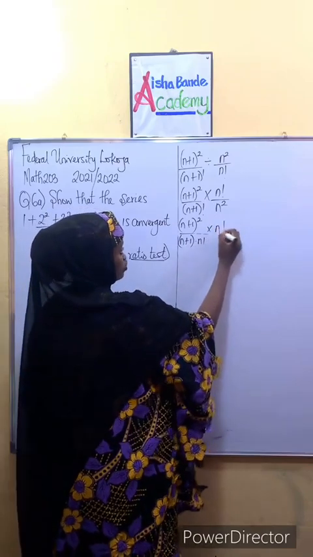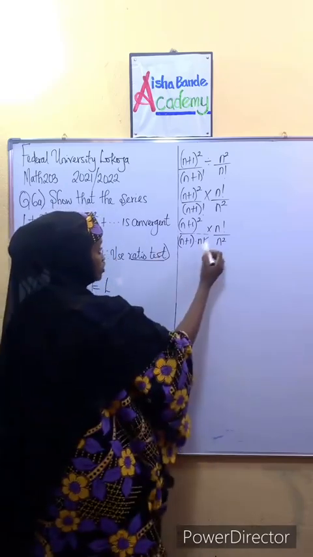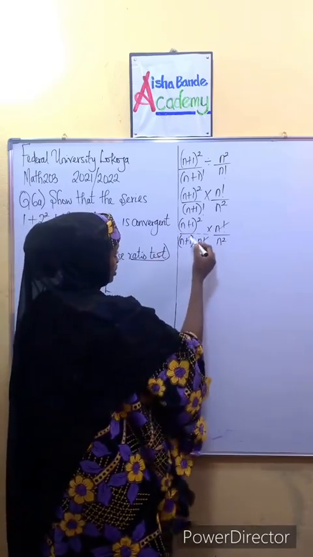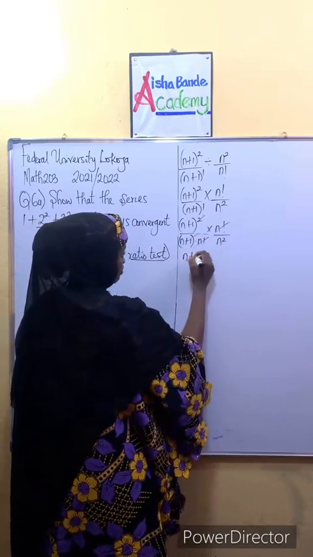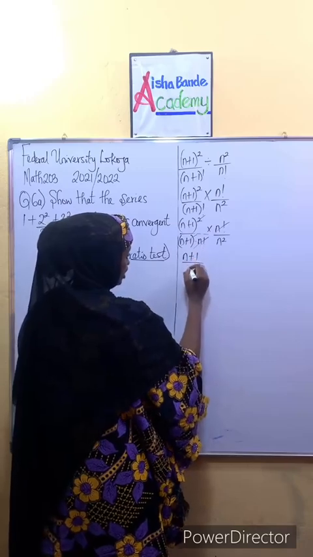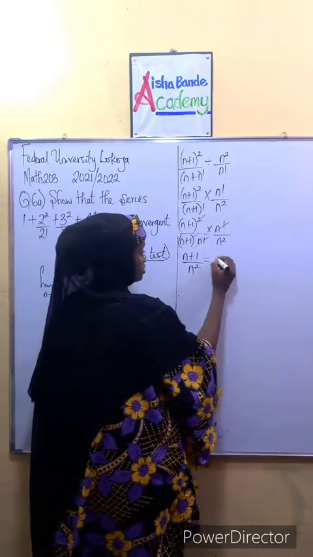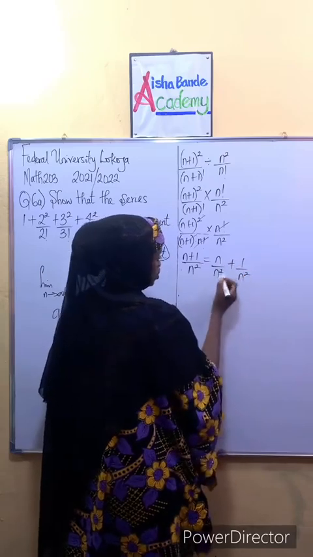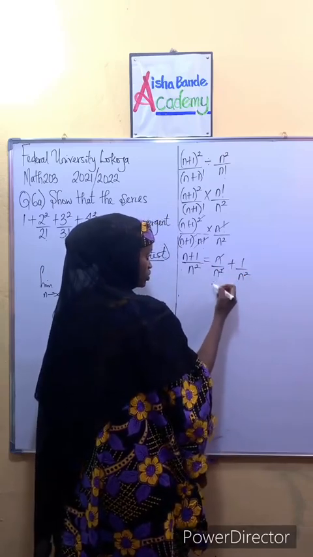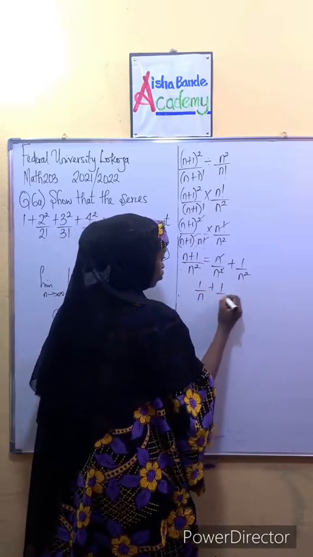So let's see what we can cancel out. n factorial cancels n factorial. One of the n plus 1 cancels one of the n plus 1 here. So we are left with n plus 1 over n squared. Simplifying, this becomes n over n squared plus 1 over n squared. One n cancels one of the n, leaving 1 over n plus 1 over n squared.